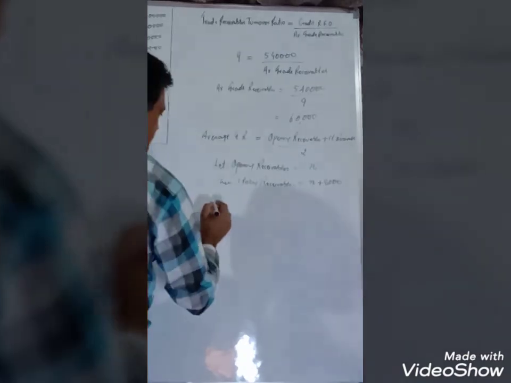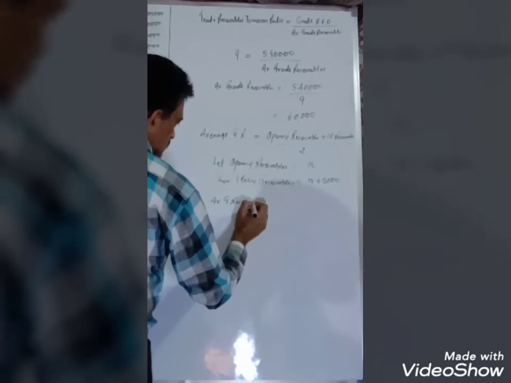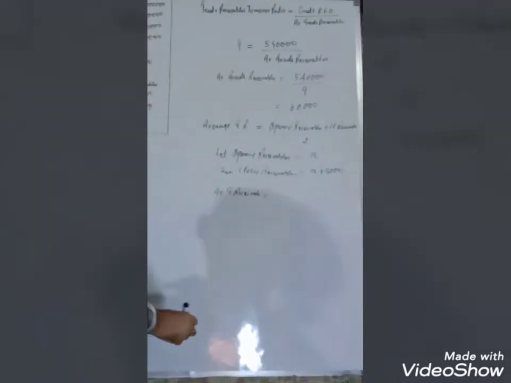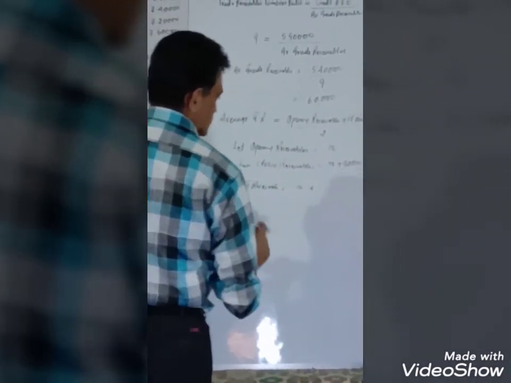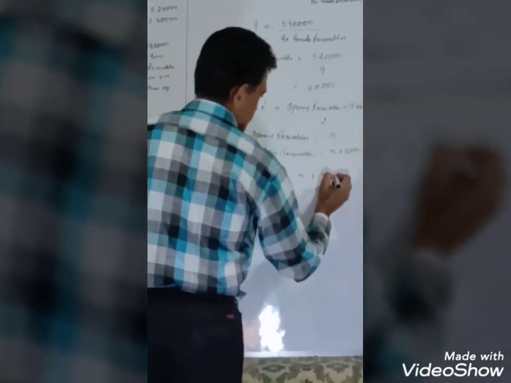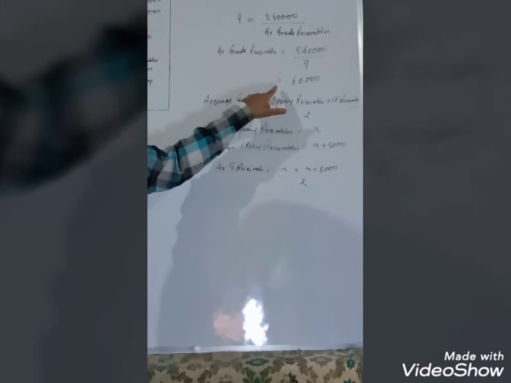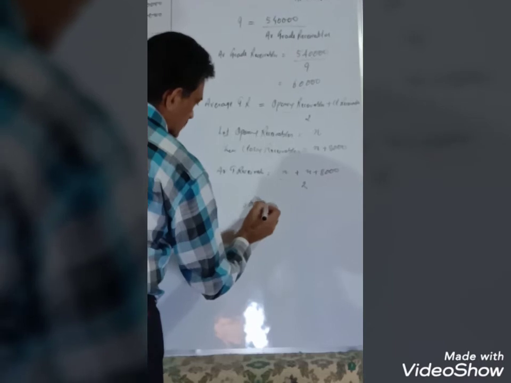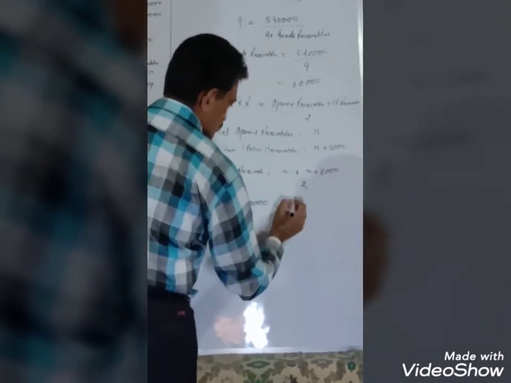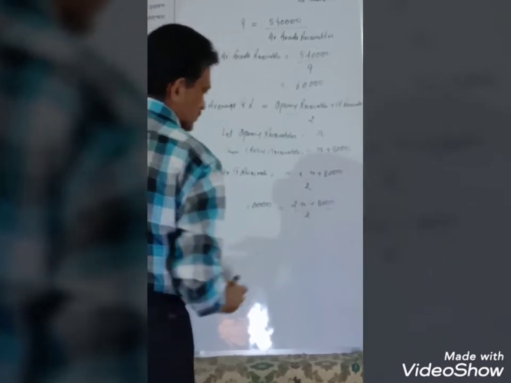Now average trade receivables is equal to opening receivables X plus closing receivables X plus 8,000, divided by 2. Average trade receivables we had calculated to be 60,000. We will put the value 60,000 is equal to 2X plus 8,000 divided by 2.